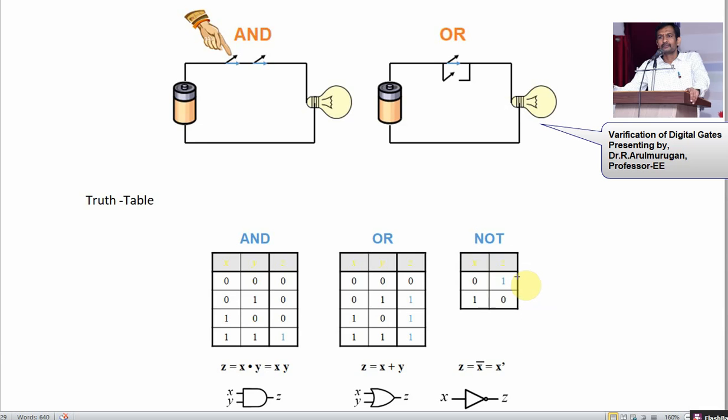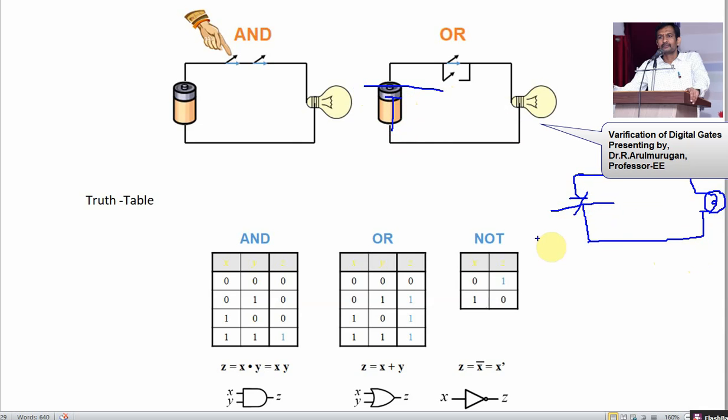So this is a NOT gate. Normally the power supply is given plus with respect to minus, but here I have reversed it. Why? Because when the switch is on, when the power supply is given, the output is opposite.